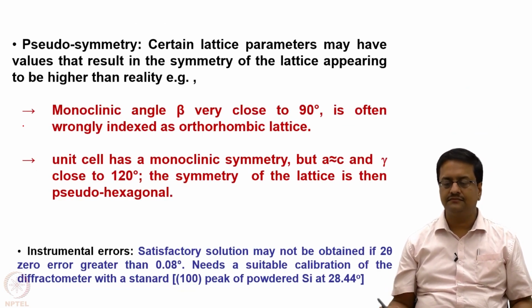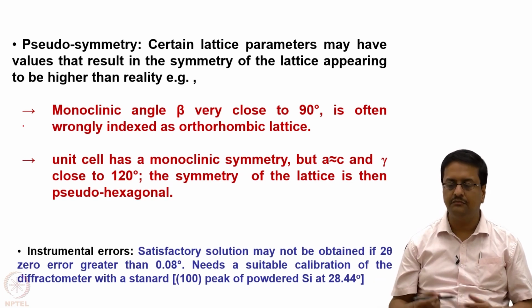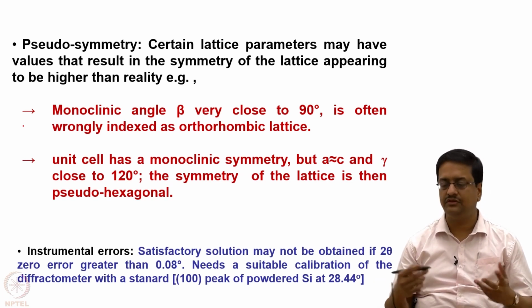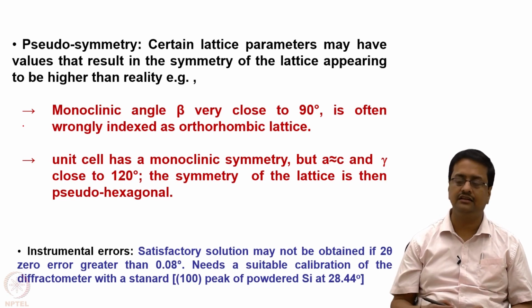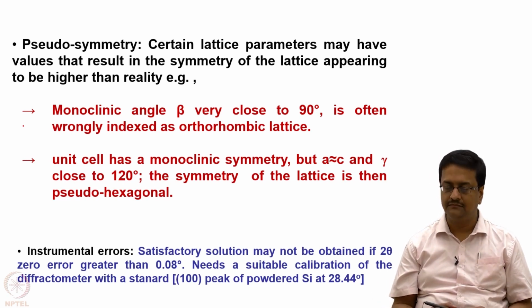Even in case of some pseudosymmetry, for example, certain lattice parameters may have values that result in the symmetry of the lattice appearing to be higher symmetry. For example, a monoclinic system with beta angle very close to 90 degrees is often wrongly indexed as orthorhombic.